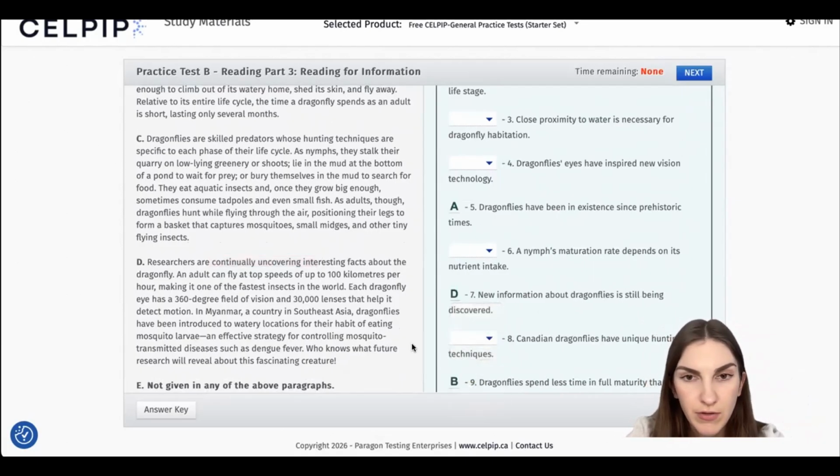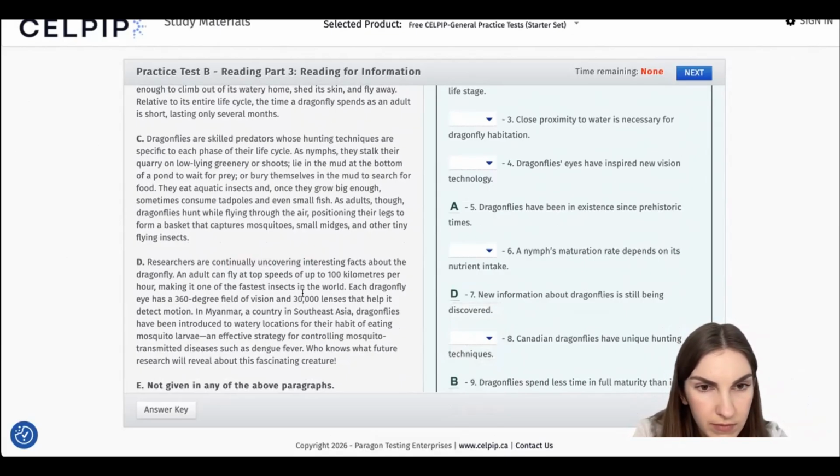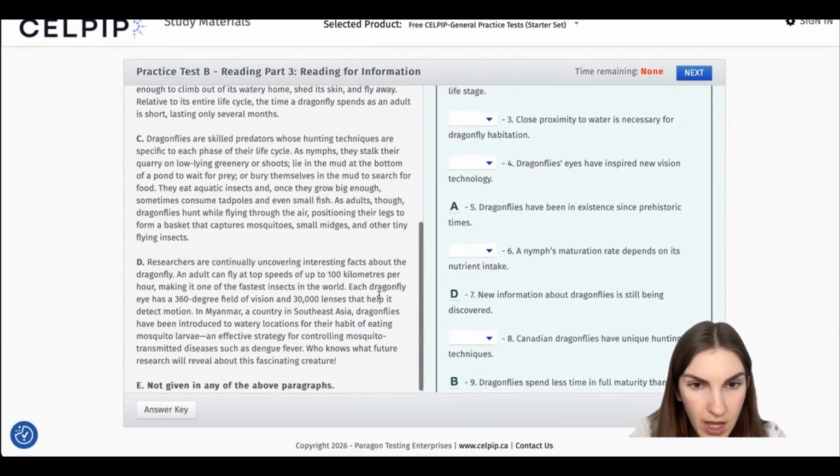It's paragraph D. An adult can fly at top speeds. Each eye has a 360-degree field of vision, and lenses that help it detect motion. Dragonflies have been introduced to water locations for their habit of eating mosquitoes.